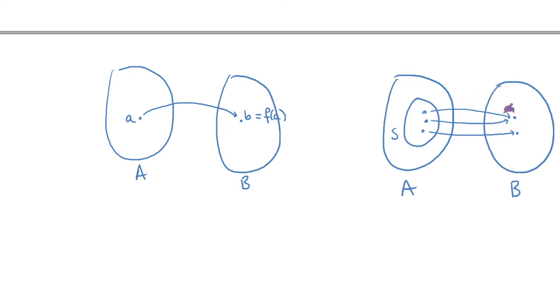And the collection of things over here in B that are actually hit, this would be f of S. Each of these are your little elements of S. You can call them s1, s2, s3. And this is your collection of outputs specifically looking at S. So we would call this the image of the set S.